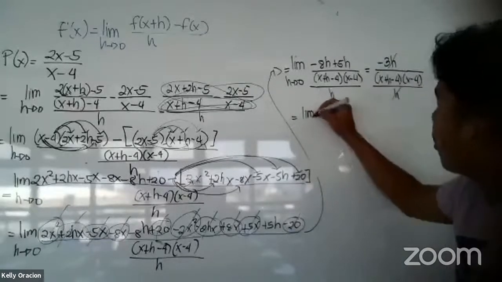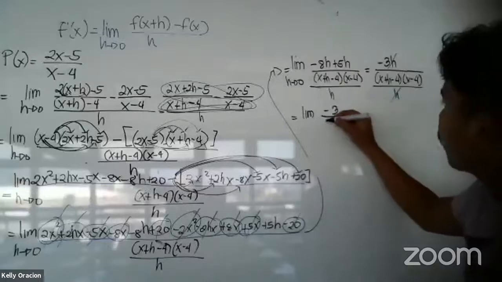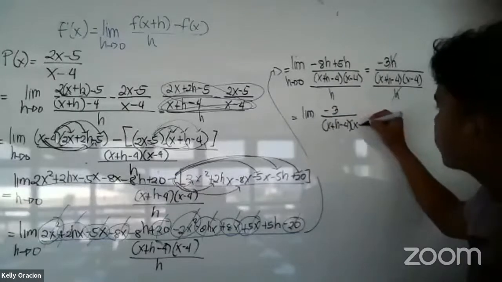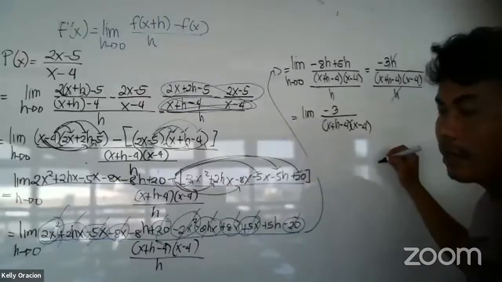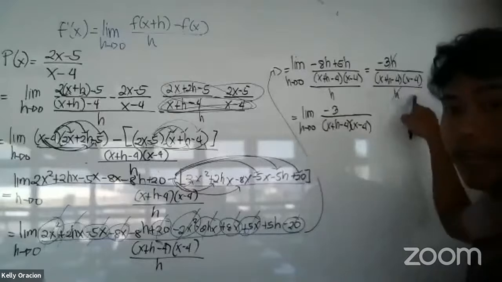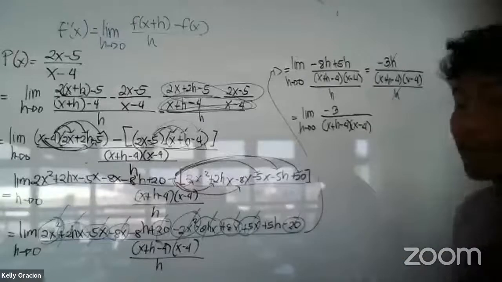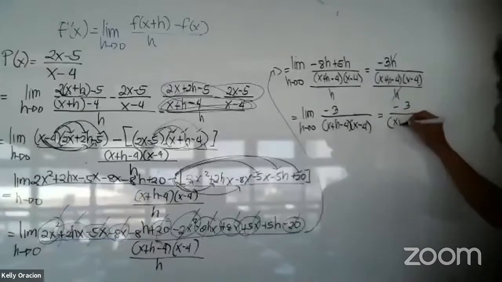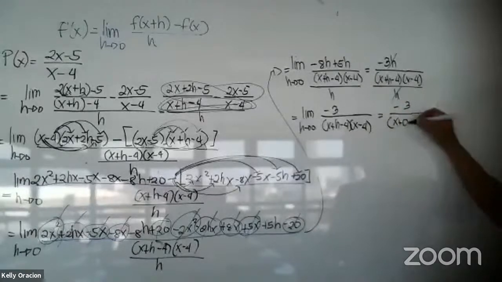So the limit of negative 3 over x plus h minus 4, x minus 4, as h approaches 0. Na-cancel na yung h sa denominator. So that's the time you can substitute the value of h, which is 0.